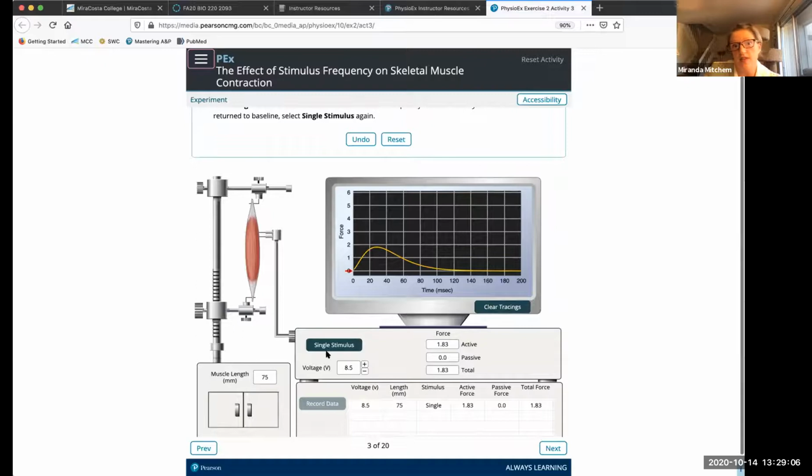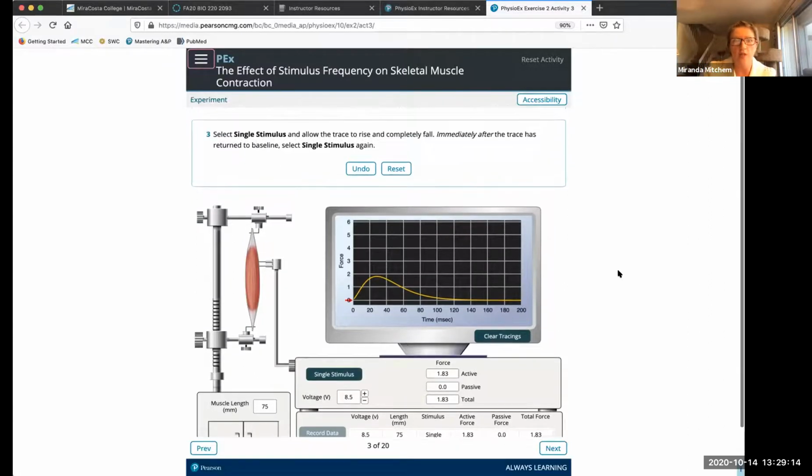All right, I've got to start that part over because I didn't read it quick enough. So what it wants me to do is hit single stimulus right after it falls to baseline. So that would be about 120 milliseconds. So I'm going to do this twice again because I need to do the first part so I can hit the second part. So here we go on the single stimulus.